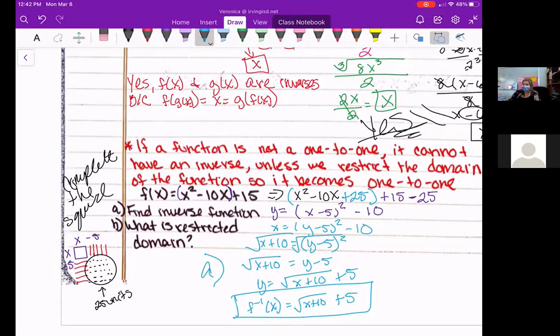Desmos. I want desmos.com, the graphing calculator. Okay, so I'm gonna graph the original, which is y equals x squared minus 10x plus 15. And then I'm gonna graph its inverse, which we'll just make g of x, equals the square root of x plus 10, plus 5.